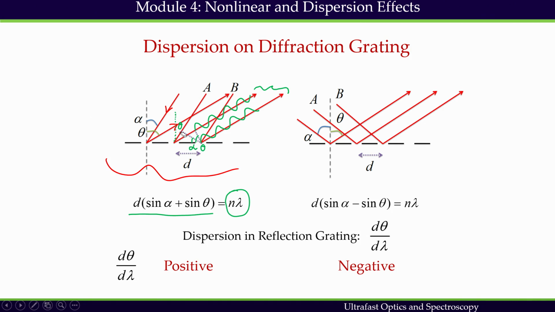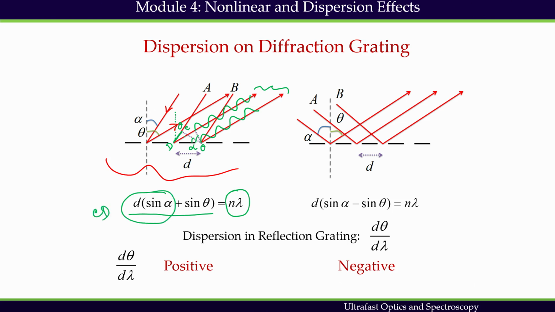So if these two angles are known, then we'll be able to find out what would be the extra distance, because this distance, let's say CD distance, CD, is nothing but d sine alpha.